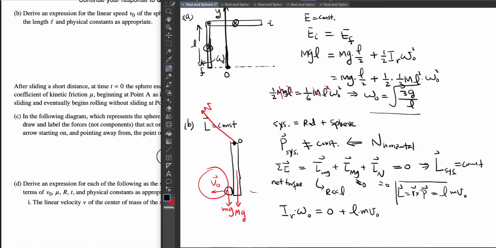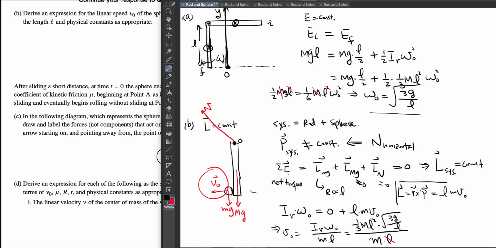So from here, I can calculate v0 equals I rod omega naught over m L. Now let's substitute in the I rod expression, 1/3 capital M L squared, and omega naught, square root of 3g over L. Now we see some cancellations.